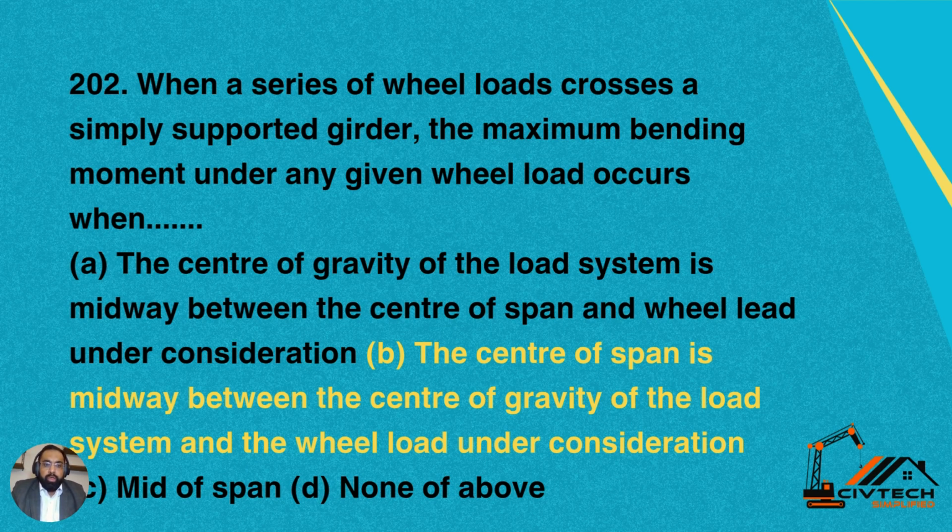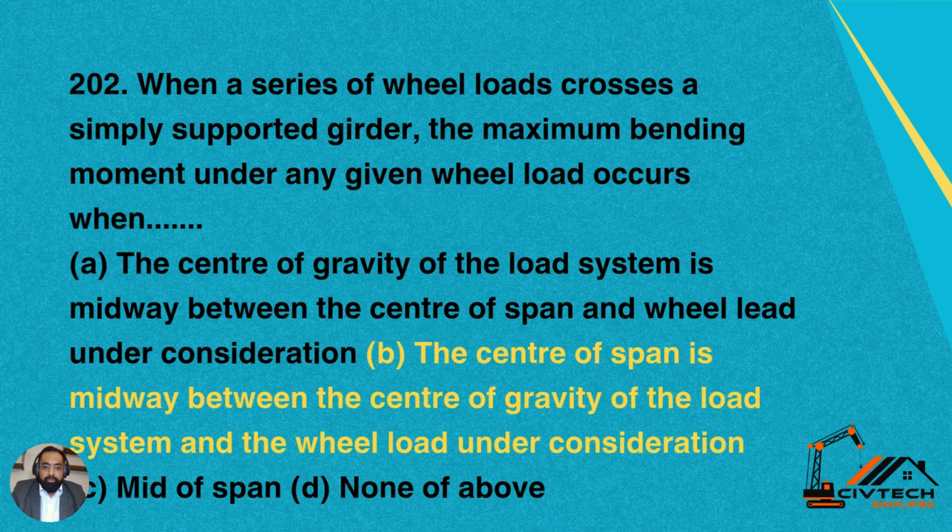Question number 202. When a series of V loads crosses a simply supported girder, the maximum bending moment under any given V load occurs when: option A, the center of gravity of load system is midway between the center of span and V load under consideration.